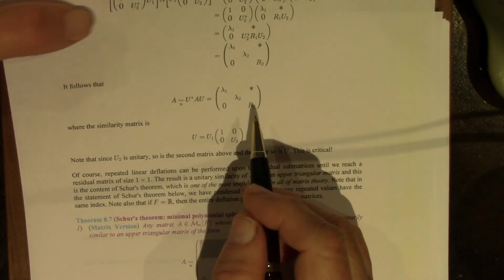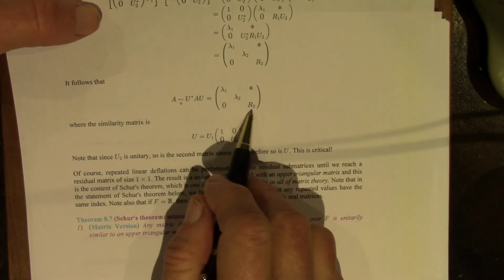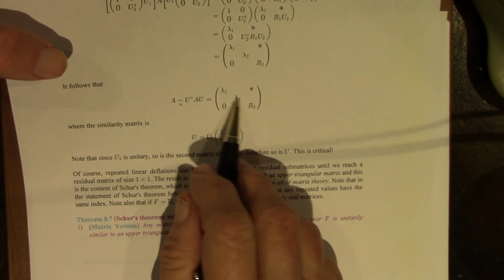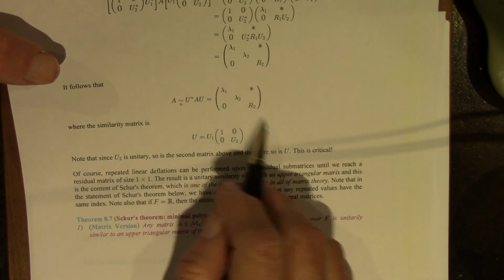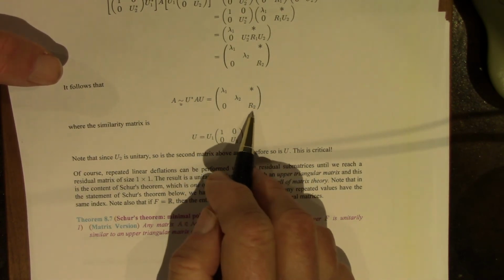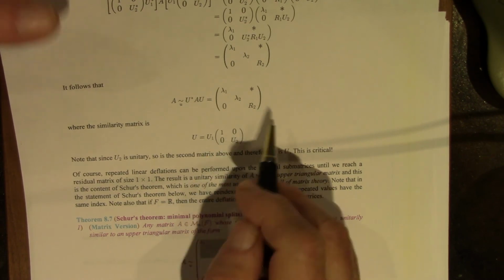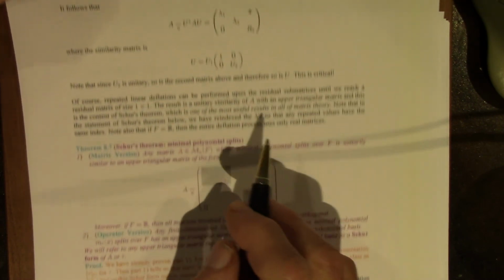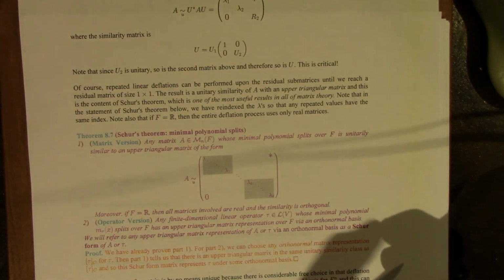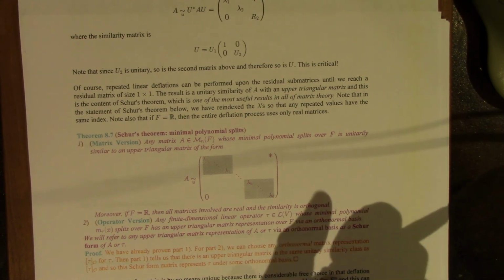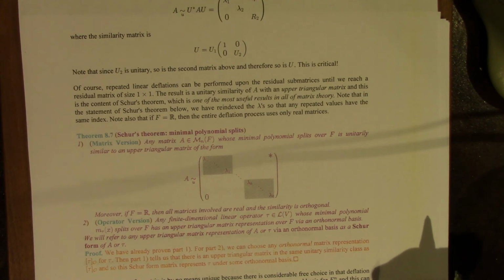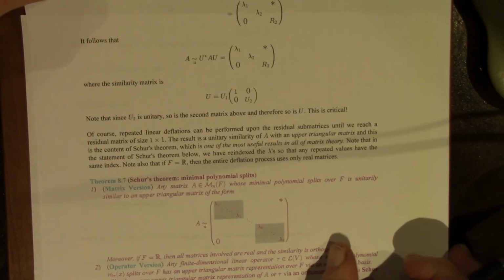Now it should be relatively clear that we can deflate R2, and continue the process of deflation until we get a 1 by 1 residual matrix, and then we stop. Also, we should point out again that if the base field is real, all this takes place in the real universe. All the matrices are real.